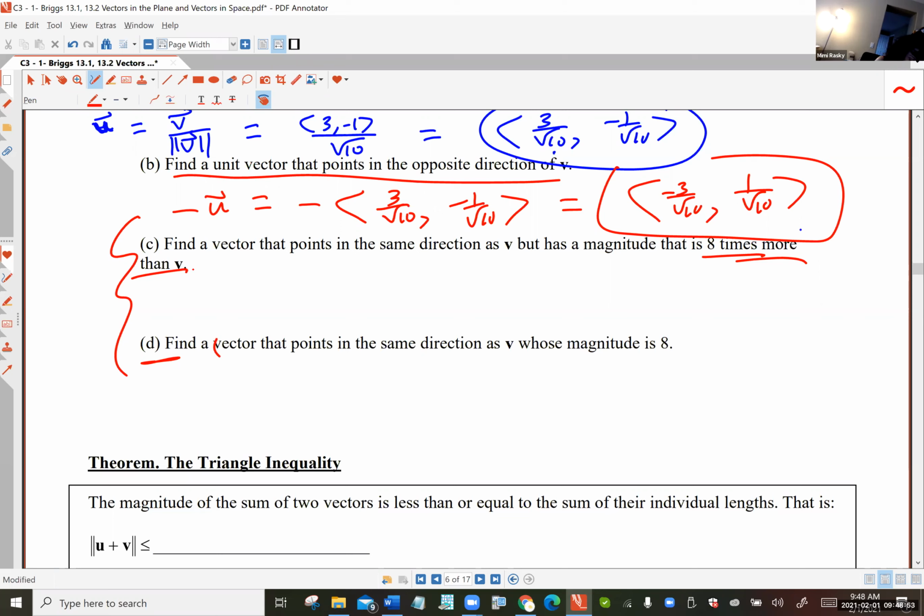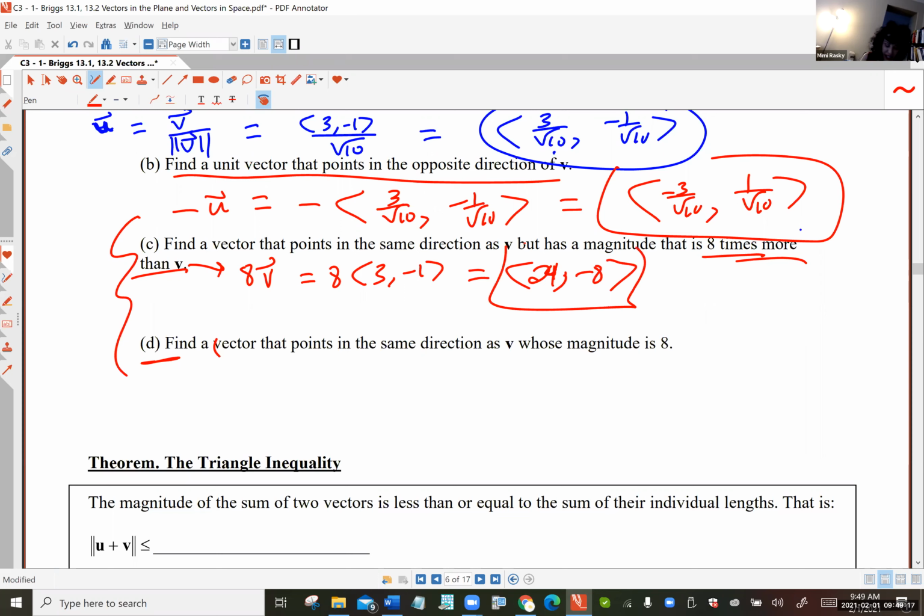For letter C, well, letter C is easy. You're just going to go 8V because it's going to be 8 times more than your original. So you're going to go 8 times <3, -1>, and distribute your scalar. 8 times 3 is 24, comma, and then 8 times -1 is -8.